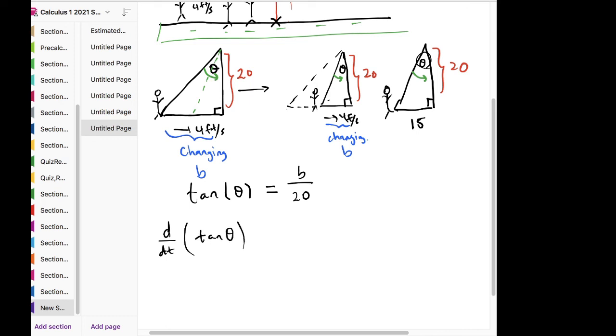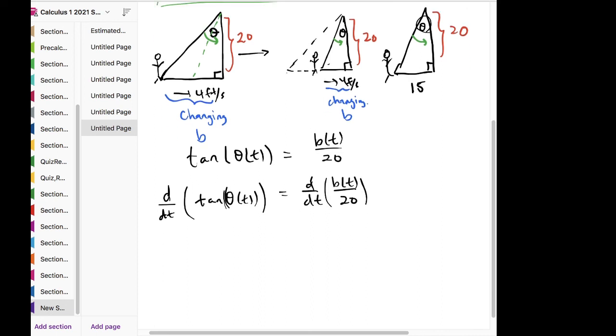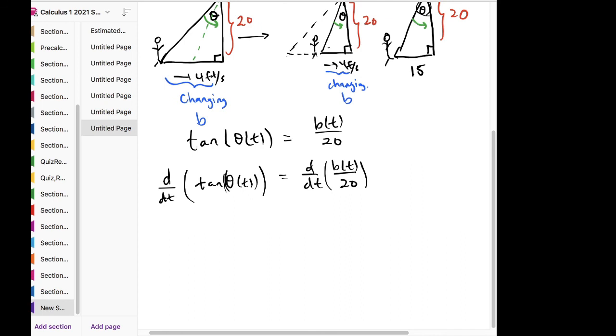What's the derivative of tangent of theta? Oh, so we should put some t's here, right? So we don't get confused. So what's the derivative of tangent of theta of t? So we know this one already, so I'll do it because we're running out of time.